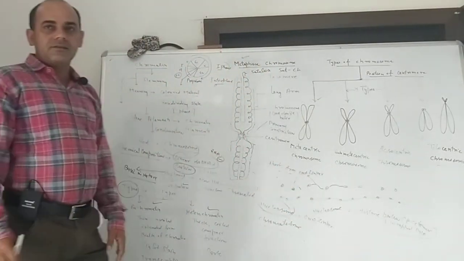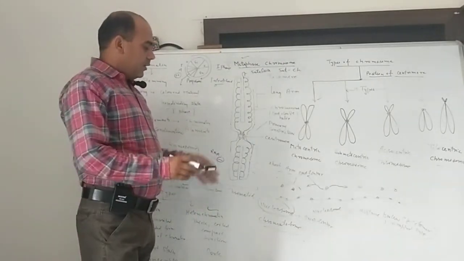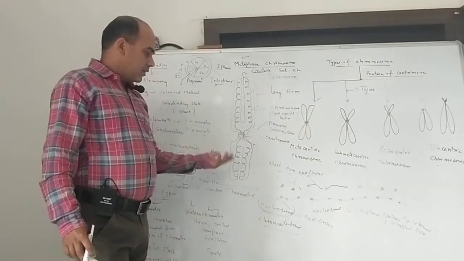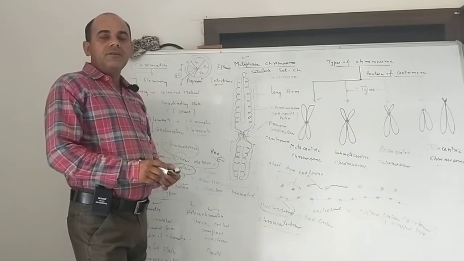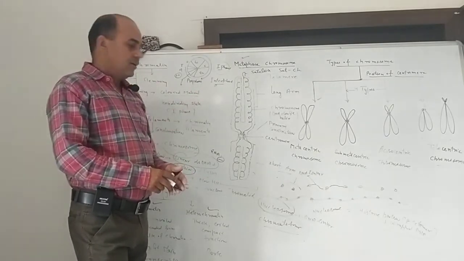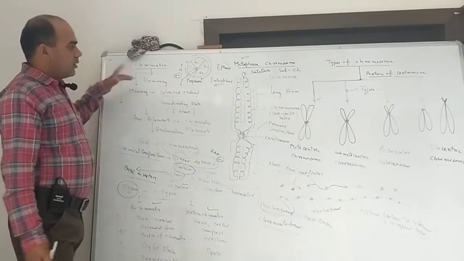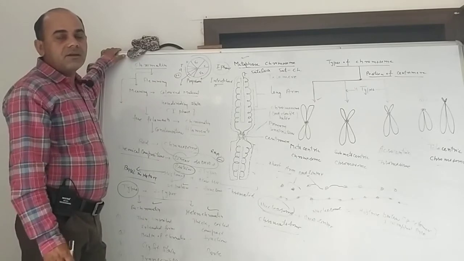Very simple definition. Don't forget it. The combination of nucleosome plus DNA linker is called chromatosome. And the nucleosome is the histone particle around which negatively charged DNA is wrapped. So this is your topic. You can remember it, and these topics are given in your NCERT book. It is very important.